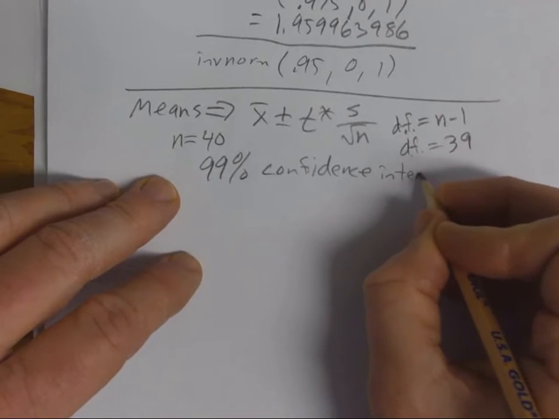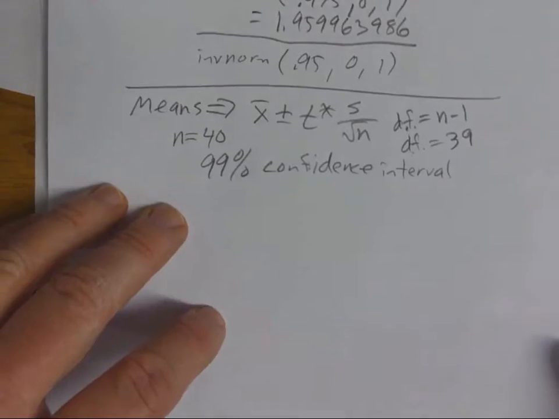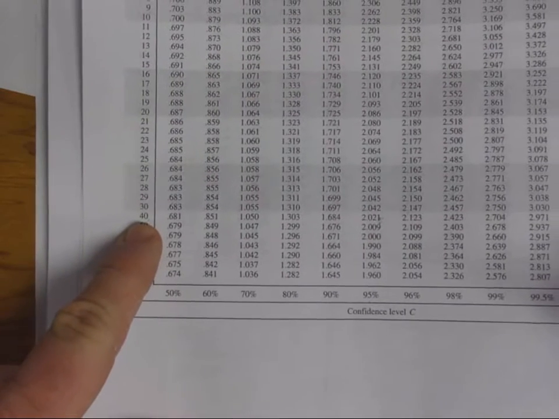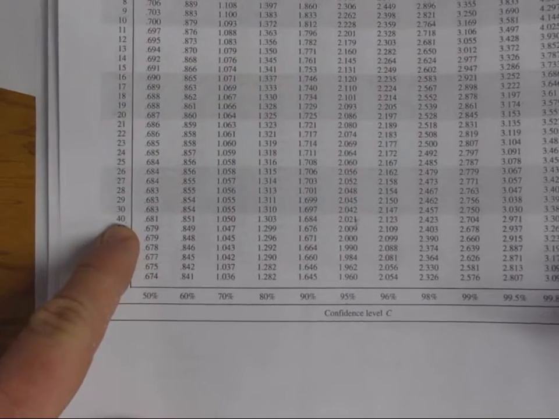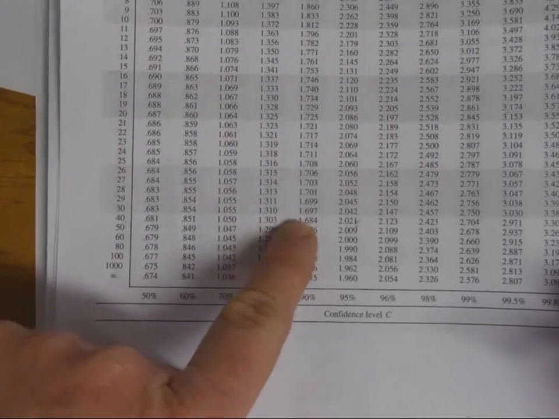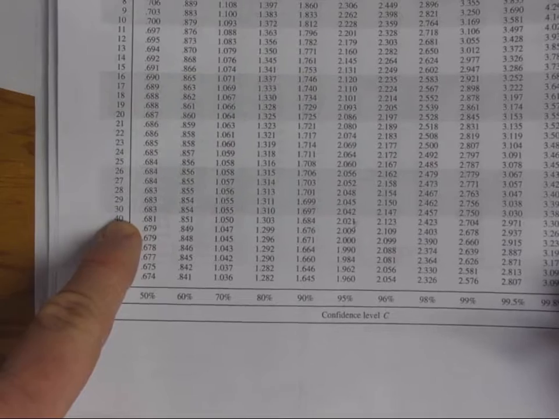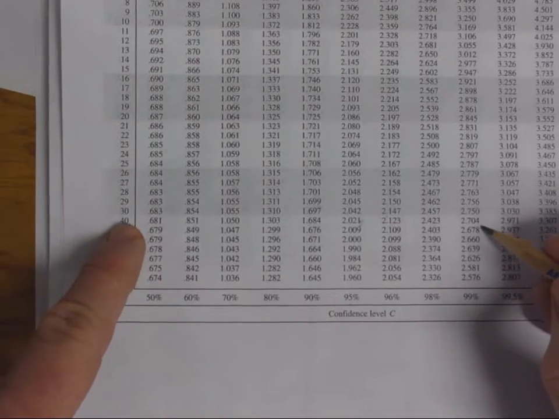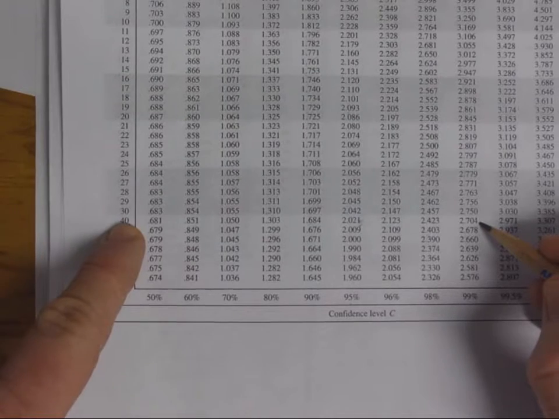To find the critical value on the table, on the same table B, we would go down to 39 degrees of freedom, which is not there, so you use the closest one to it, which is 40. These numbers are going to be really close to each other anyway. You go to 40 and then you go to 99%, so it'll be about 2.704.